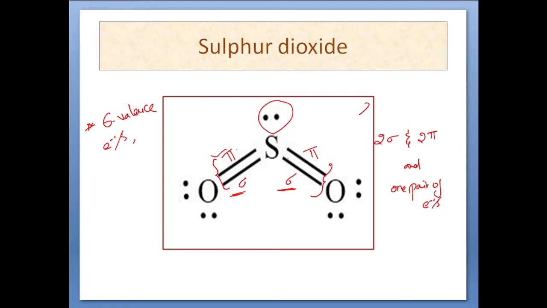So these are the two pi bonds. Here we observe one lone pair of electrons. So this is one lone pair of electrons.